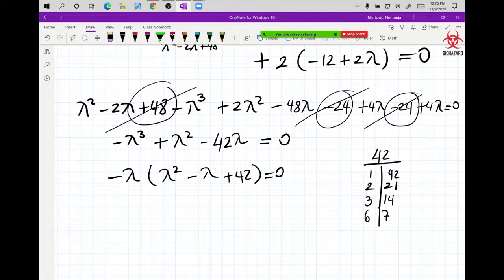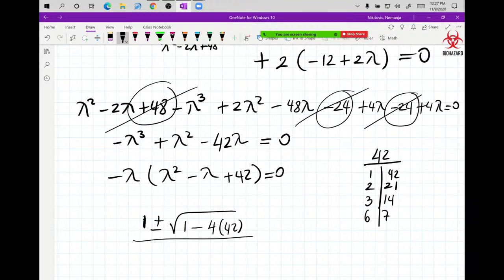otherwise. We can try negative b plus minus square root of b squared minus 4ac. So that's going to be minus 4 times 42.